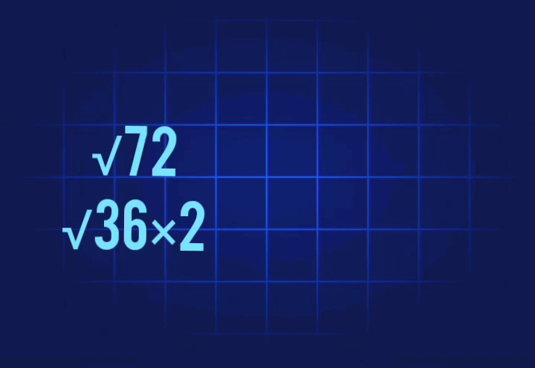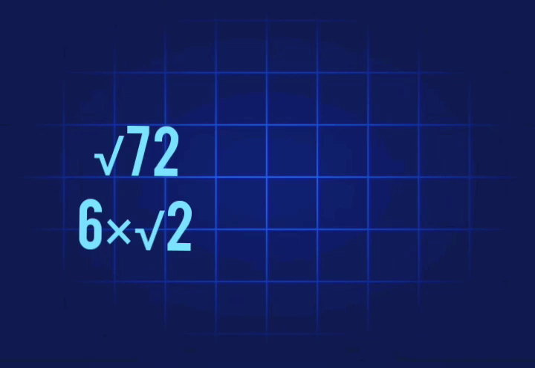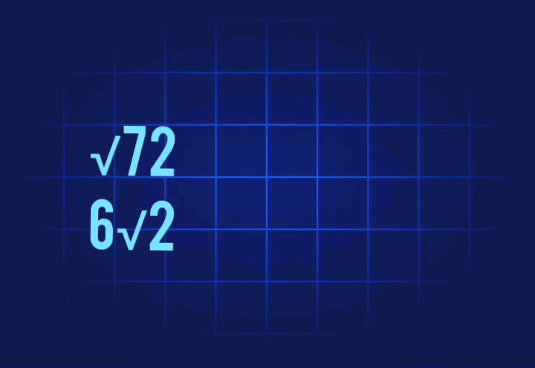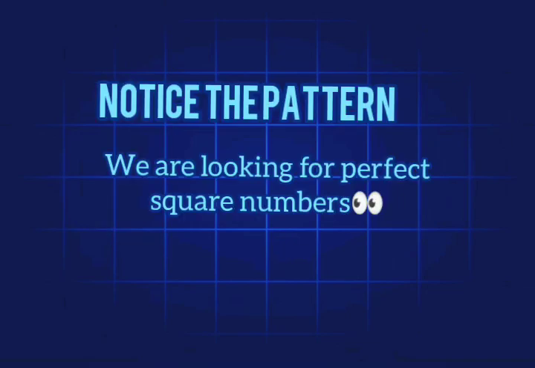Okay, the square root of 36 is 6, right? Therefore, the square root of 72 simplifies to 6 times the square root of 2. Notice the pattern. When simplifying a surd, we're basically looking for perfect square factors hiding inside that number.